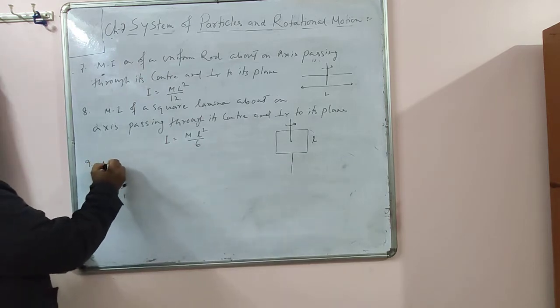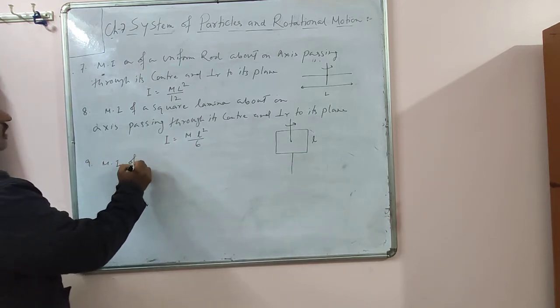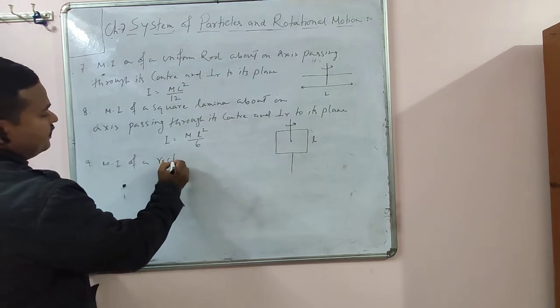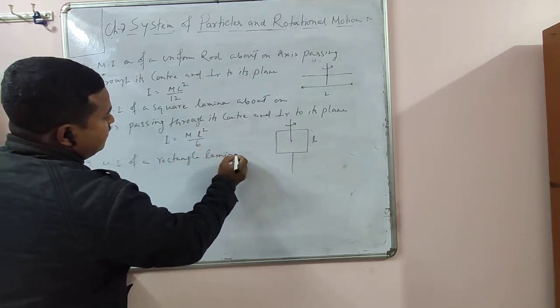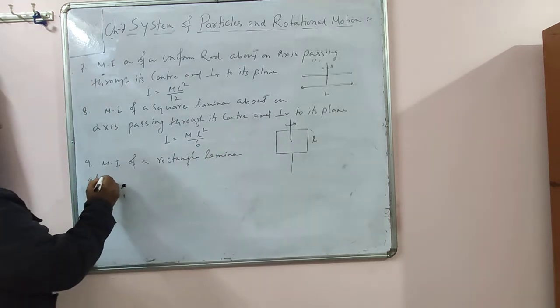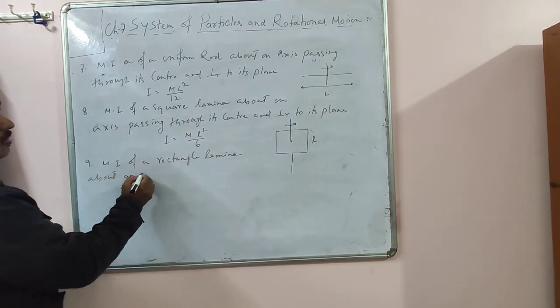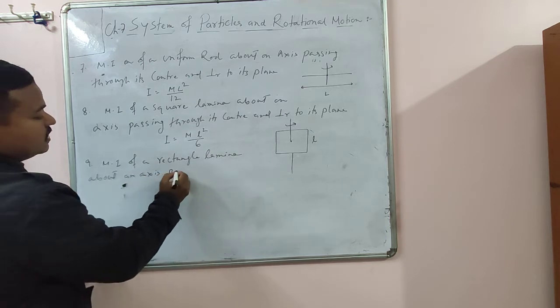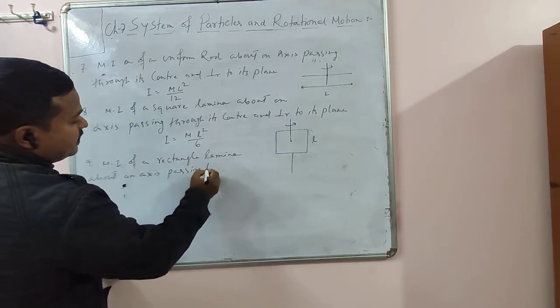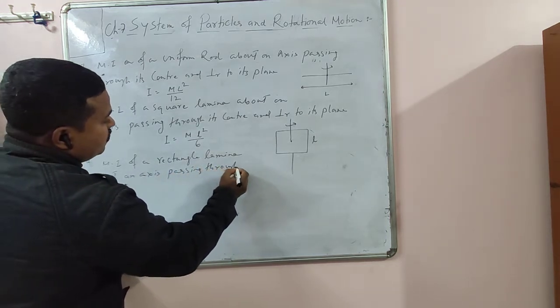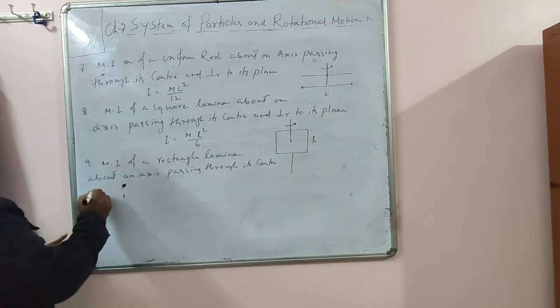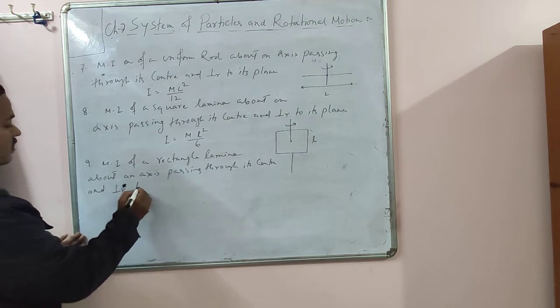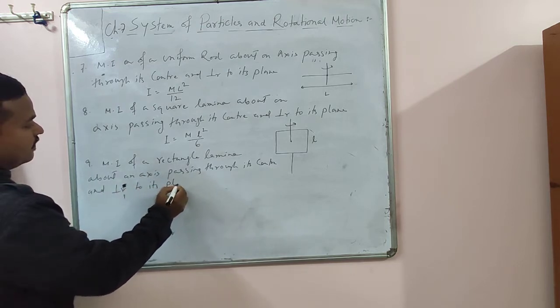Then you have the moment of inertia of a rectangle lamina about an axis passing through its center and perpendicular to its plane.